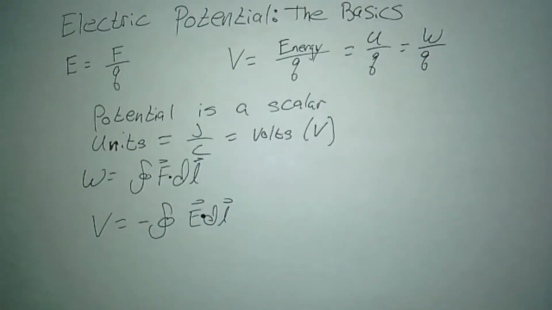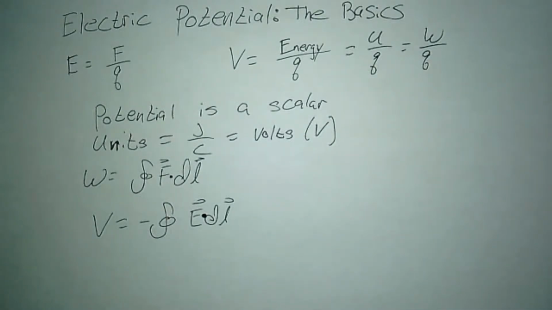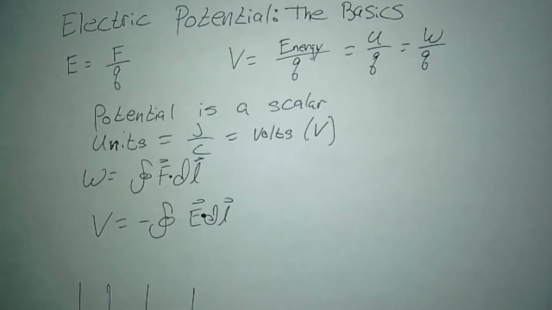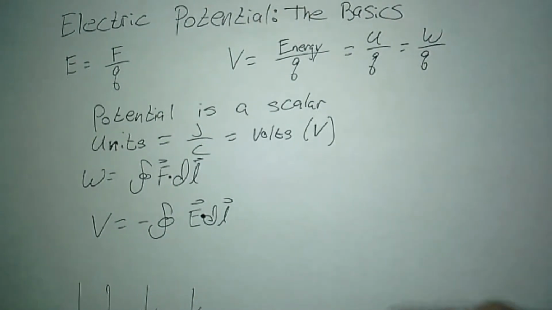So if I have something like a constant field, let's say there's a big, uniformly charged electric plate down here, and it's got field kind of going that way. Let's say it's negatively charged. I haven't done anything negatively charged in a while. The electric field will look like that.